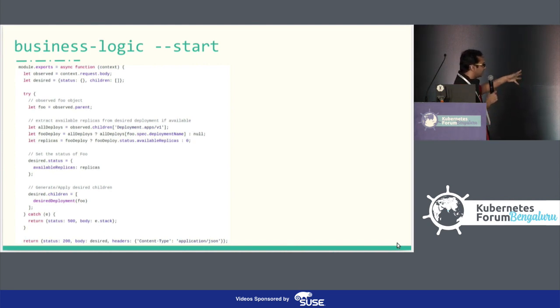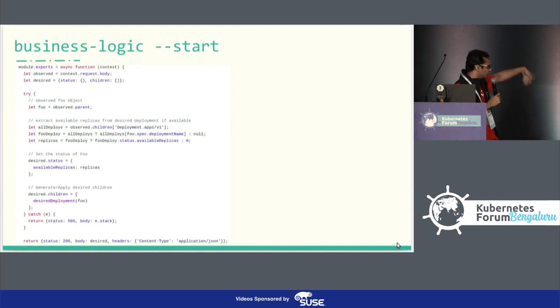What you see is a structure which looks very similar to JSON. You grab whatever has been given to you as part of those hooks, which here is a deployment. You check if the deployment really belongs to the foo resource, or if it was just a standalone deployment. If it really belongs to the foo resource, you get the replicas of that deployment and set it as a desired status.